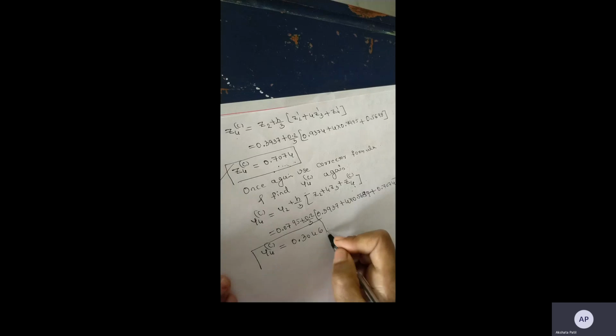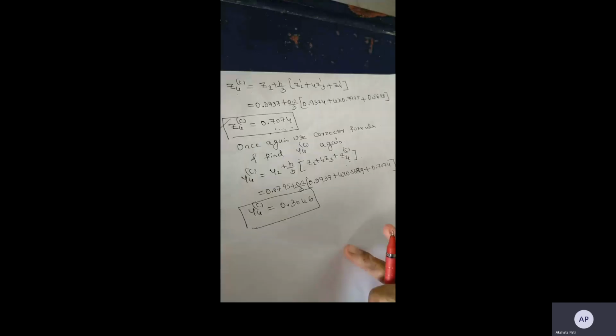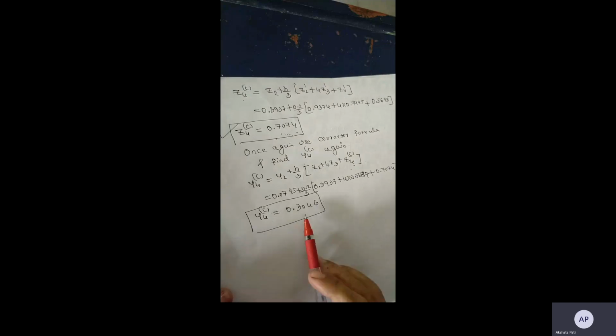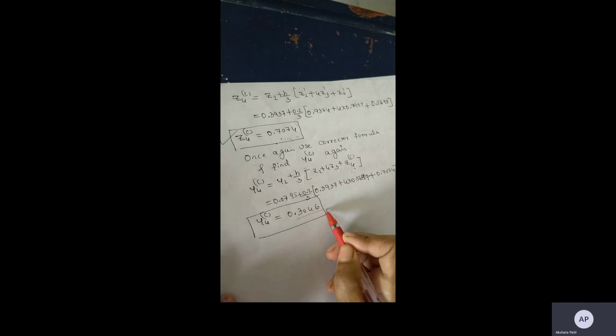Now let us check the previous corrector value. The first time y4 of corrector was 0.3045, and after using the z4 of corrector value once again in the y4 of corrector formula, we get 0.3046. It means both y4 of corrector values are identical up to 3 decimal places.